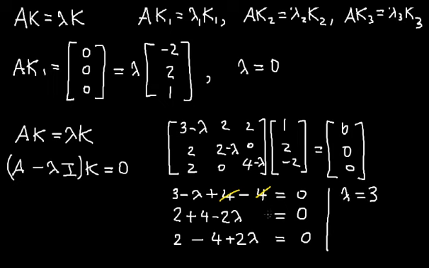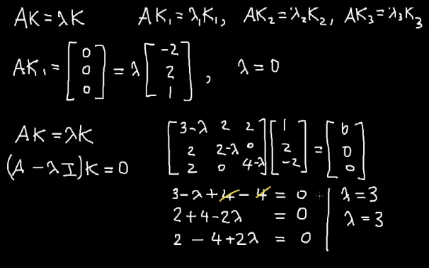And in the second equality, we get 6 minus 2 lambda equals 0, and so that also gives the same lambda equals 3. And in the third equality, we get minus 2 plus 2 lambda equals 0.